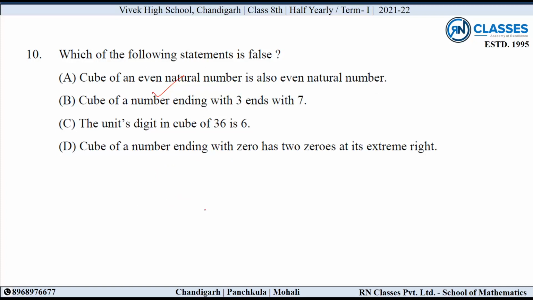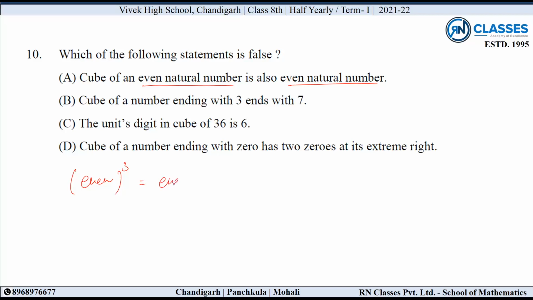Question number 10. Which of the following statement is false? Cube of an even natural number is also even natural number. Even number देखें, एक even number लेते हैं, उसका cube करते हैं.